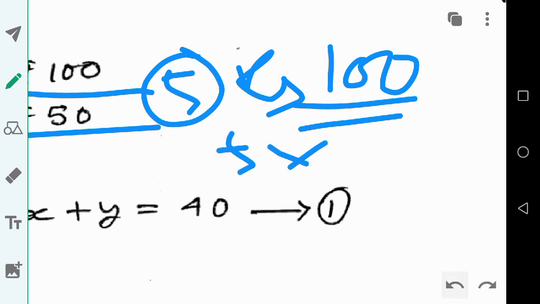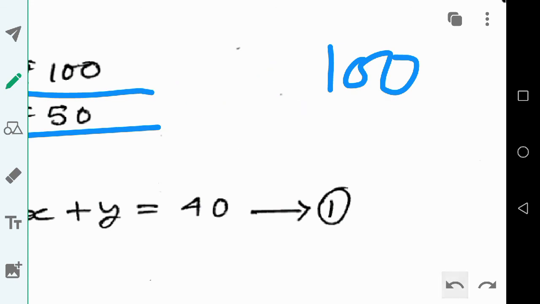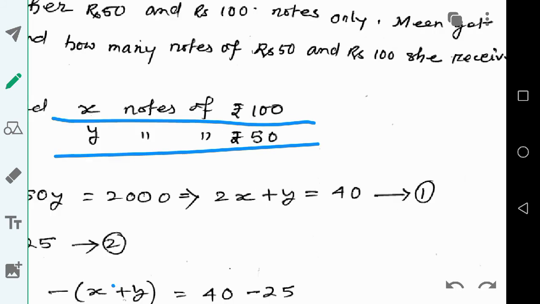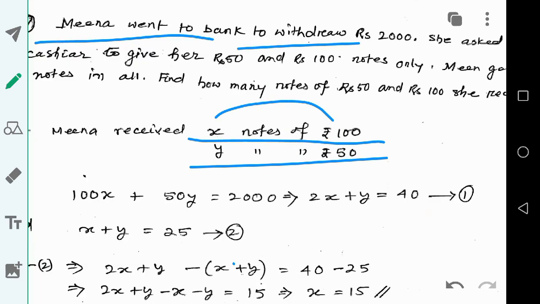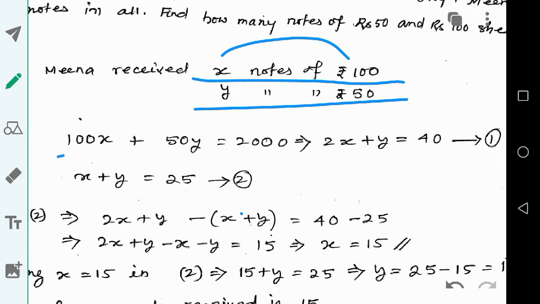Similarly here, as there are x 100 notes, so sum of the 100 rupees notes will be 100 into x, and as there are y 50 rupees notes, so it must be 50y. If you add these 2, then you will get the total amount she withdrew, that is 2000.